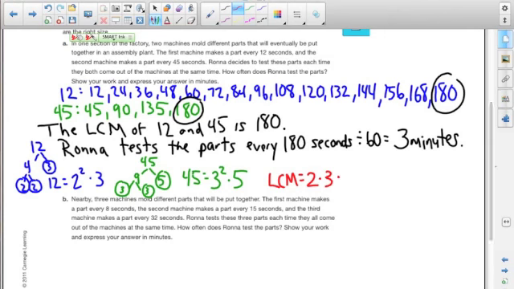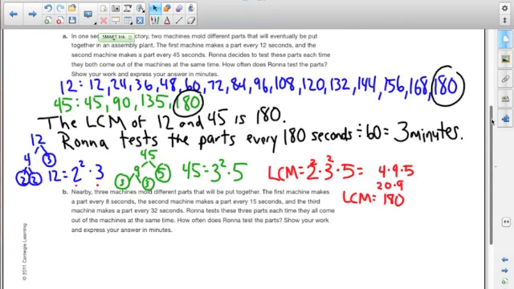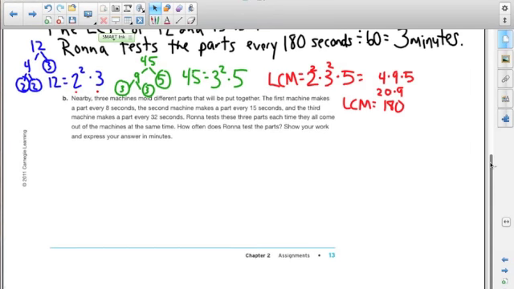So there were 2's, 3's, and 5's. Then, I look at the 2's. The biggest exponent was the second power. I look at the 3's. The biggest exponent was the second power. I look at the 5's. The biggest exponent was, well, the first power. So then I multiply those all together, and I'm going to get 180. I'm going to get the same answer.